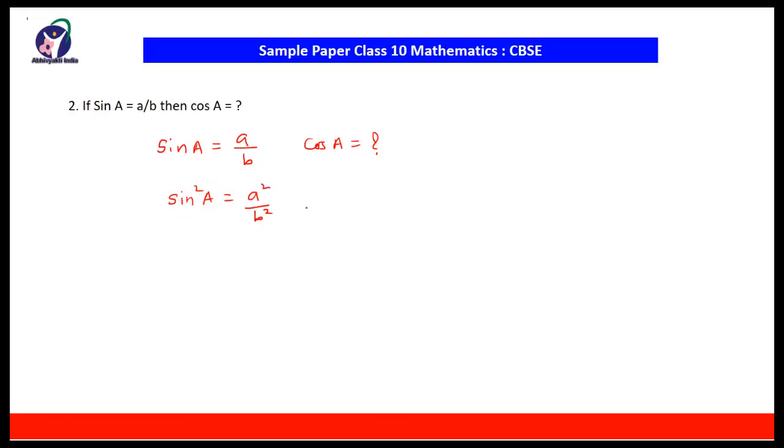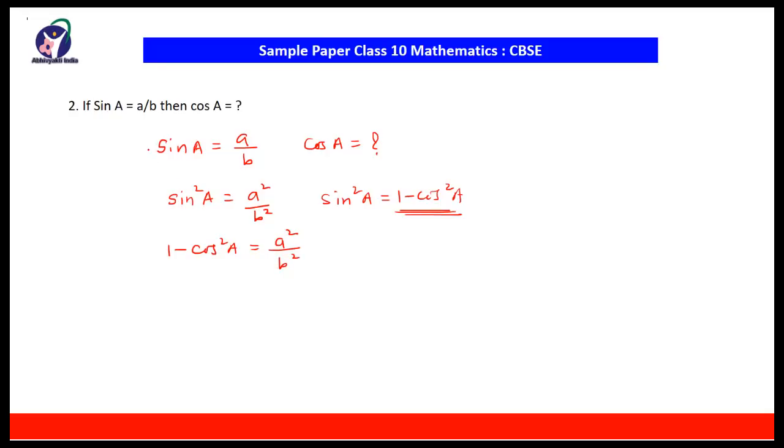Since sine square A is equal to 1 minus cos square A, we can replace the value of sine square A by 1 minus cos square A. So it will be 1 minus cos square A, which is equal to a square upon b square.